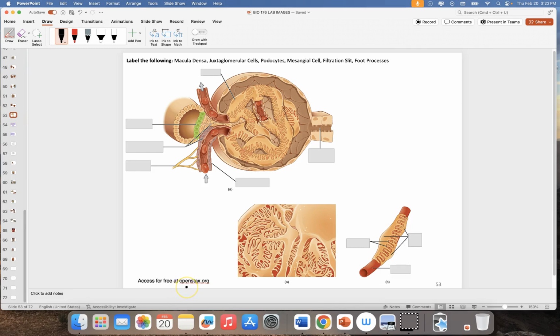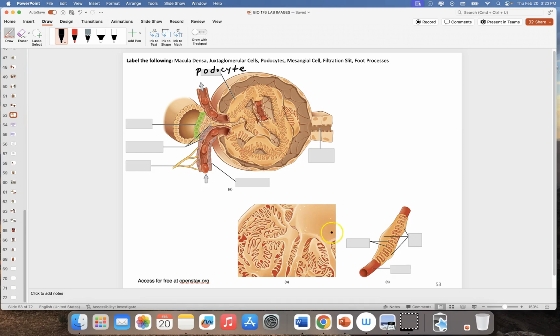The visceral layer of the glomerulus consists of these large cells with little feet-like structures, and they are therefore known as podocytes. If you think of a podiatrist as a doctor that is going to specialize in the foot, podocyte, that kind of helps you remember that these cells have these little feet-like structures.